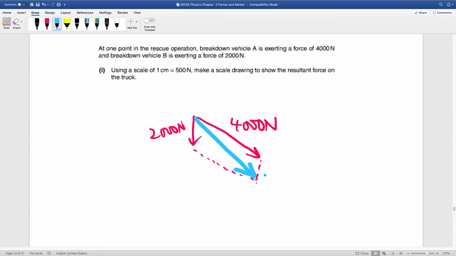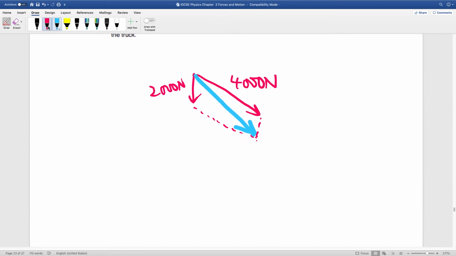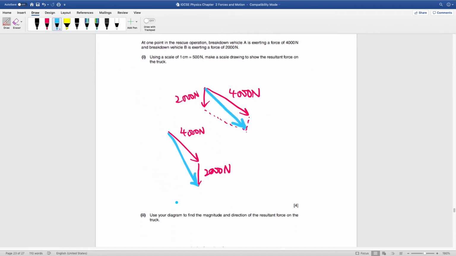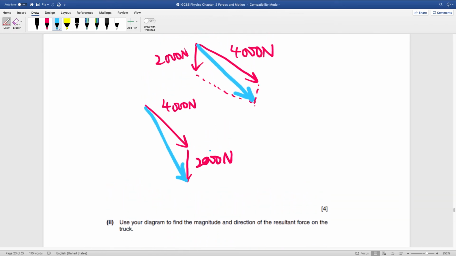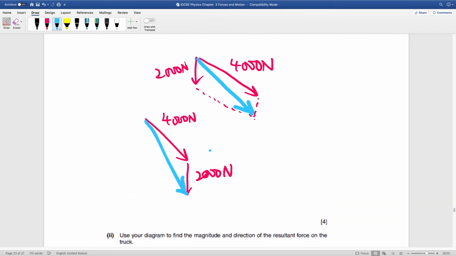Now this is the parallelogram rule, but if you draw it with the triangle rule, you draw it like this. This should be the other way around, so it's fine. Then use your diagram to find the resultant force.